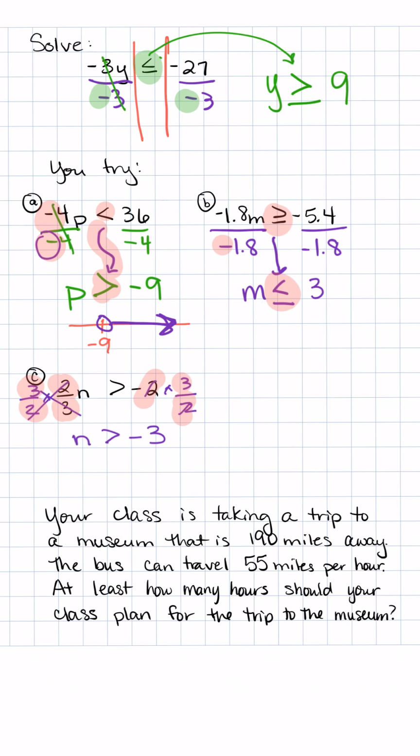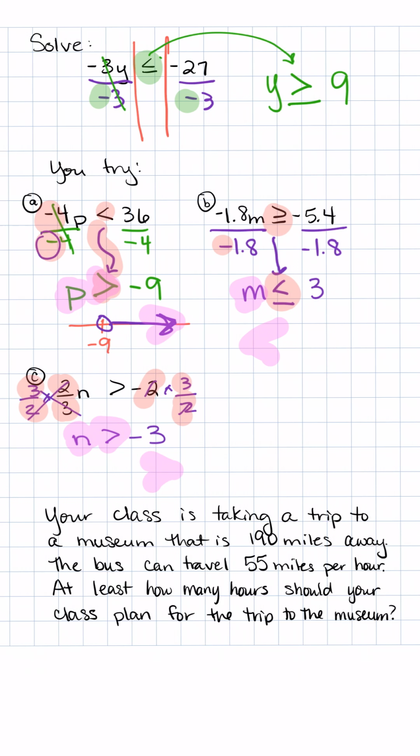Something we discovered, that if you always have the variable on this side, whatever way the point of the inequality is pointing is the way your arrow is going to go. So the arrow for this one is going to go this direction. The arrow for this one is going to point this direction.